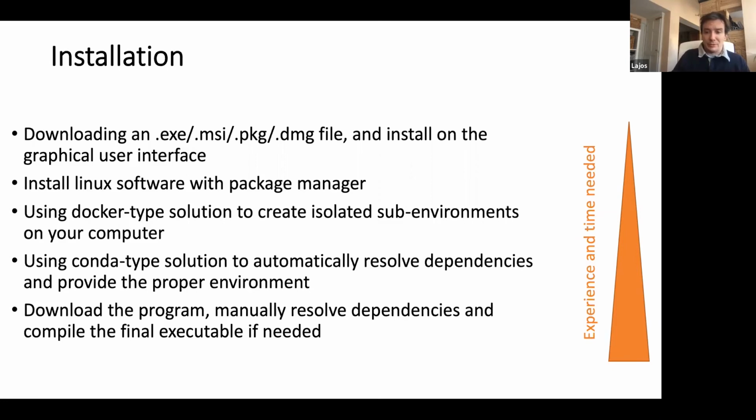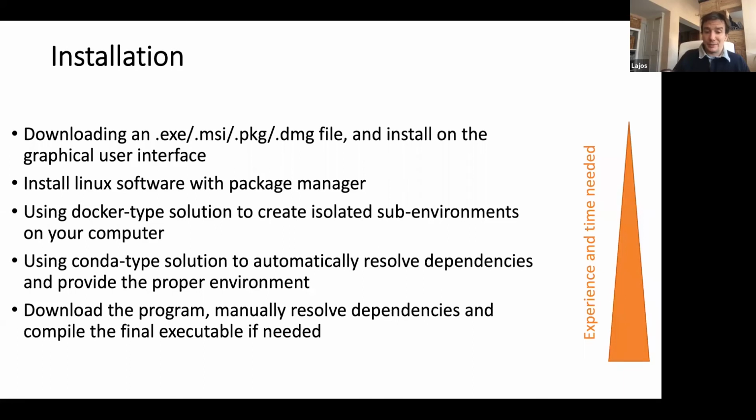And the most time-consuming and also the way which requires the most experience is if you download the program and manually resolve dependencies and install everything that is needed to run that program. This is not rare. There is so much bioinformatics software even nowadays that will just give you a list, so you can download the software itself, which is an executable, or you have to compile it, so you have to make a binary executable file from the source code yourself.